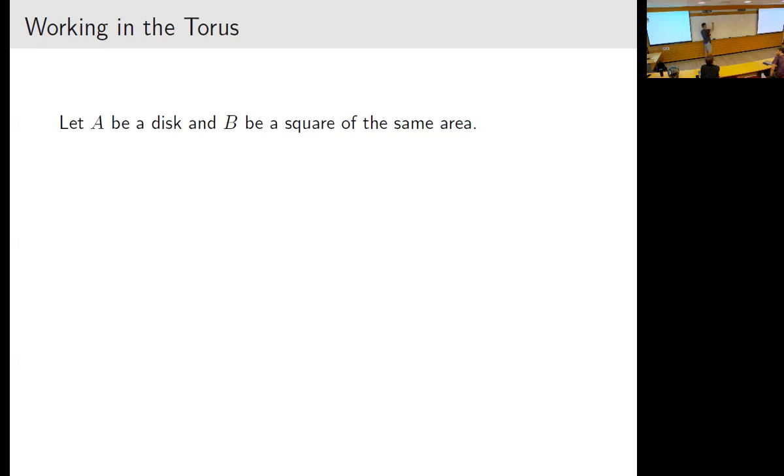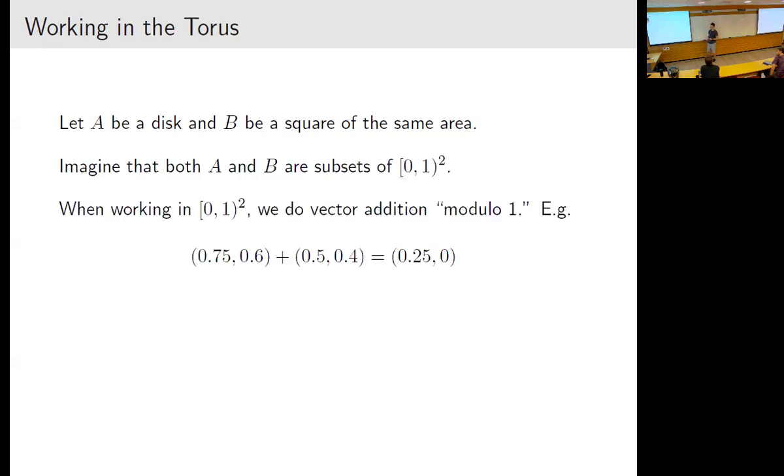So I've got my disk, and I've got my square, and they're both living inside of this torus. Now, when we're in this torus, we're going to do vector addition, but it's going to be modulo 1. So things wrap around, kind of like Pac-Man: when Pac-Man walks off the left side, he comes in the right side.